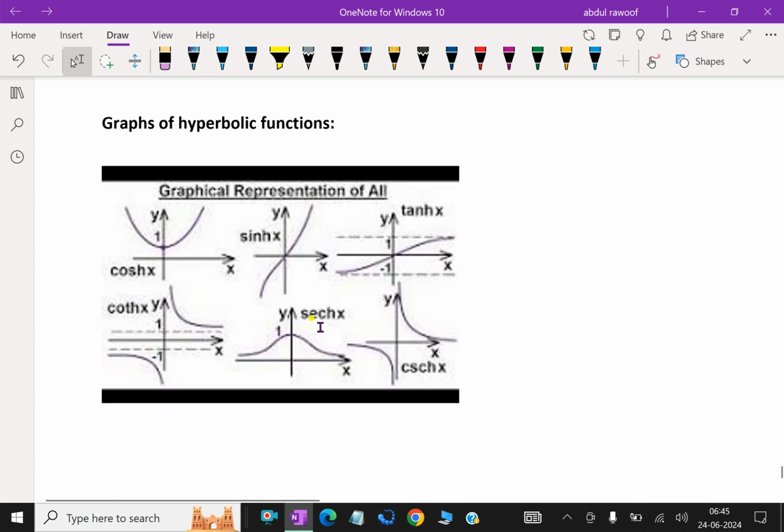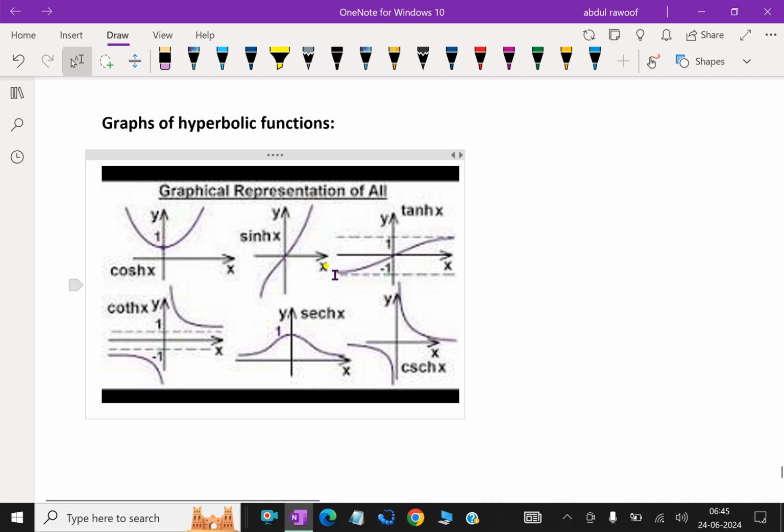Next, graphs of hyperbolic functions. Here, the graph of sinh x goes like this. The range is minus infinity to plus infinity. Then for cosh x, the minimum value is 1 and the range goes up to positive infinity.